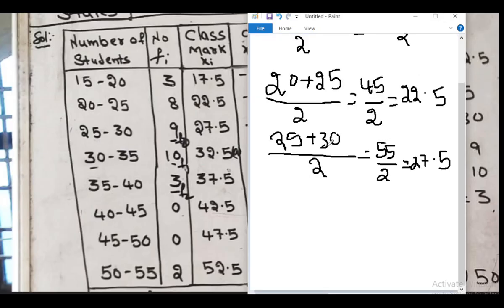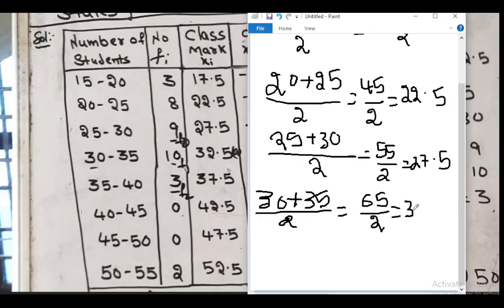The next class, 30 plus 35 by 2 is equal to 65 by 2, which is equal to 32.5. That is the next class midpoint.